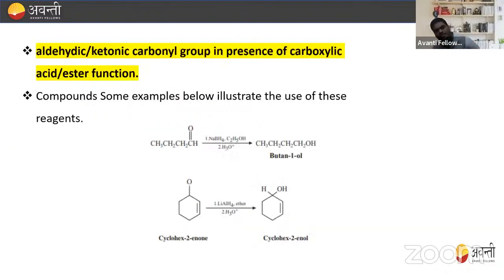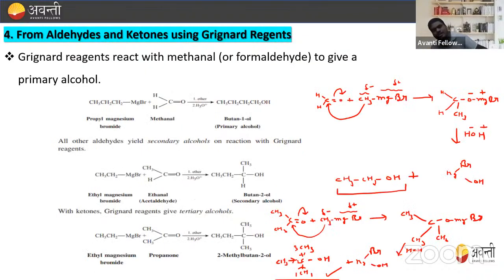We already told this thing. Now, this one is also important. Some examples like how NaBH4 and LiAlH4 convert this thing. Now, from aldehyde using Grignard reagent, this is also very, very important. Just remember here, when you take only formaldehyde, that is methanal, and it is treated with Grignard reagent, we'll get primary alcohol.